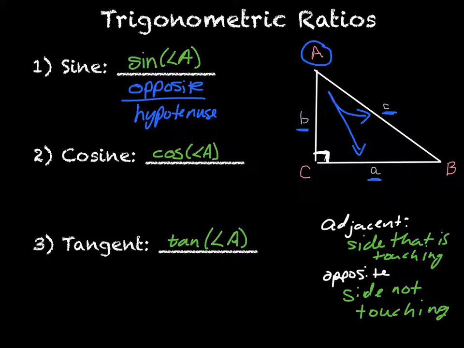Alright, then the next one, we have cosine. Cosine of angle A is going to be the adjacent side that is not the hypotenuse. So it's going to be B over the hypotenuse.